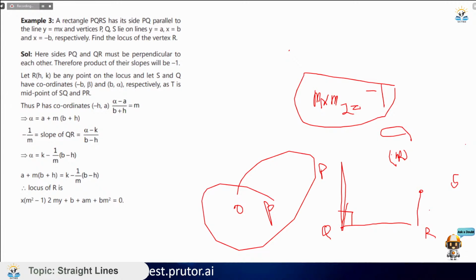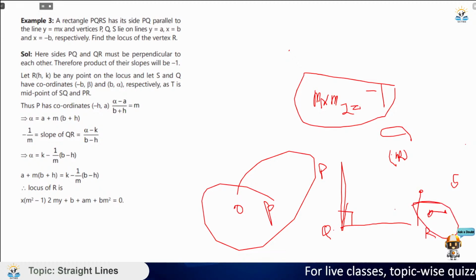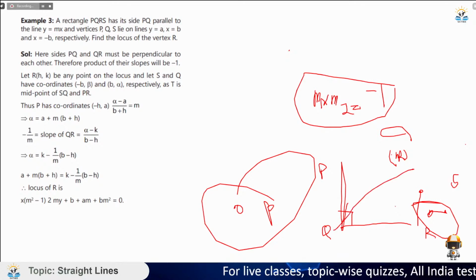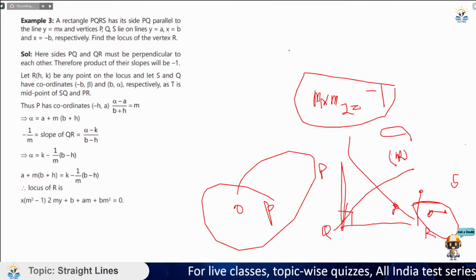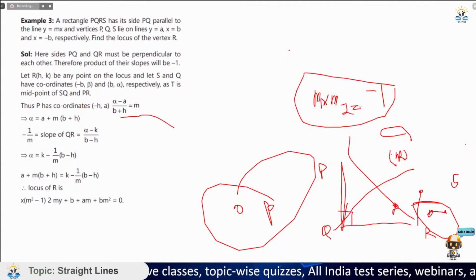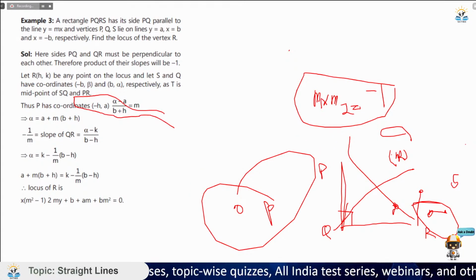Now the midpoint is T. Thus P has coordinates minus h comma a, and then alpha is equal to a b plus h, minus 1 by m is the slope of QR.